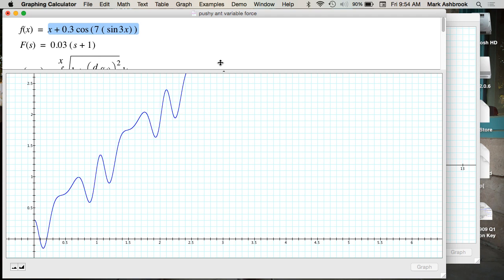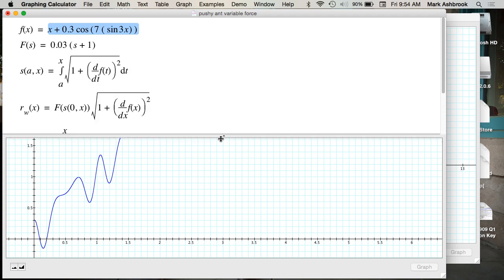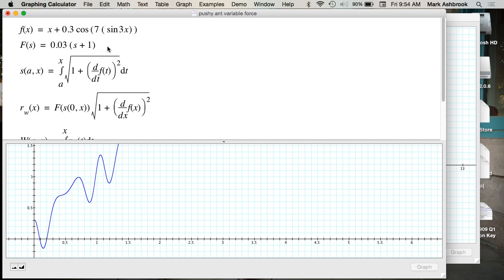Okay? But what about the work? Now we saw this force function was dependent on how far the ant had pushed the seed, and so we had to get that distance that the ant had pushed, and that was our arc length function.